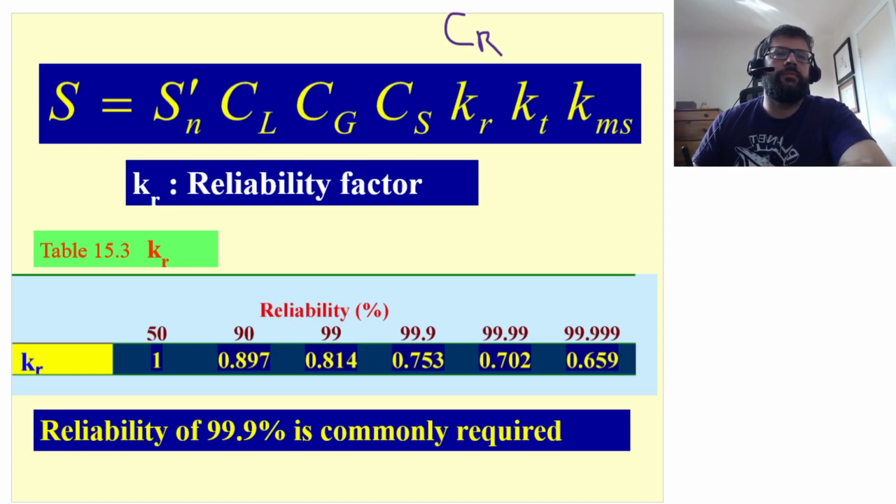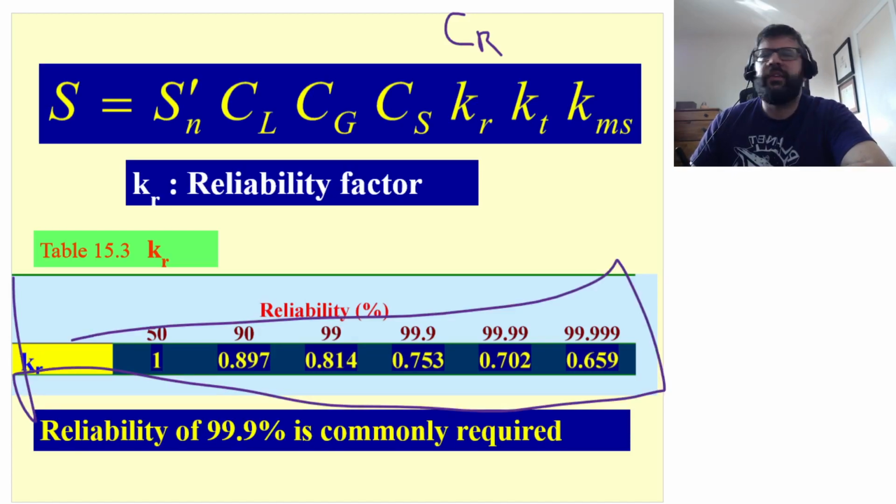So anyways, we're using these values here. So 99.9% is commonly required, so we're often using the 0.753.